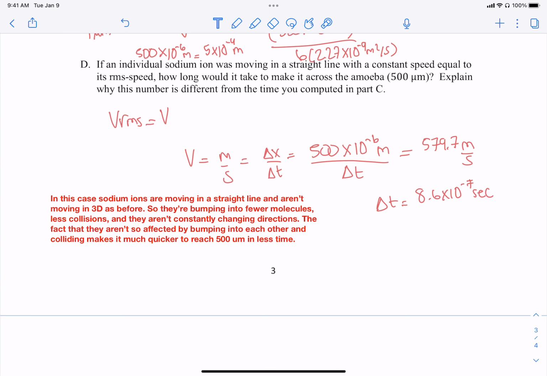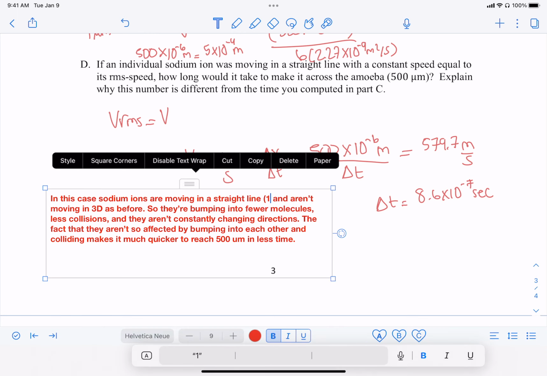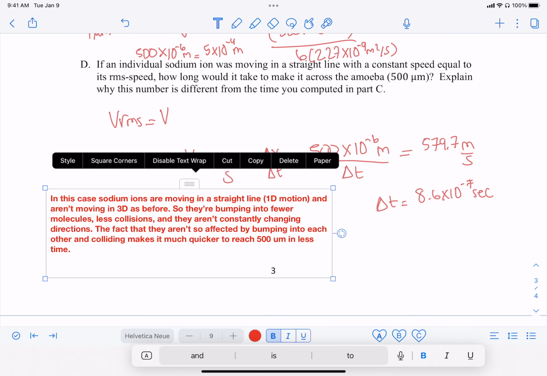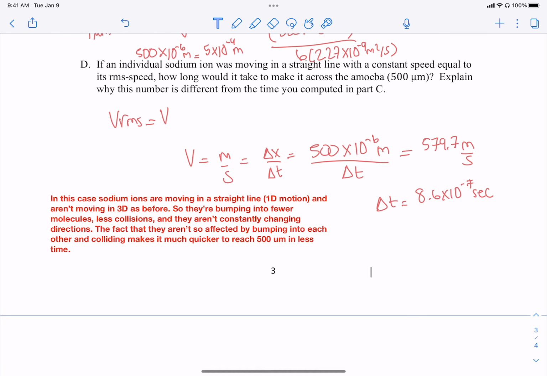So basically, because there aren't as many collisions, because you're only moving in one straight line direction, in 1D motion as opposed to 3D motion, where you're moving in X, Y, Z, you're bumping into a lot of different molecules and moving in random directions. It's like imagining moving literally 20 feet in a crowd versus walking 20 feet normally without anybody in front of you.